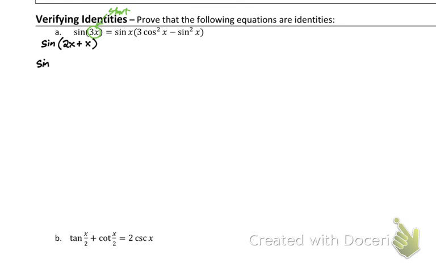The first angle is actually 2x, so we have to use the entire thing. This entire thing is the angle. So we're going to have sine of 2x times the cosine of our second angle, which is x, plus cosine of our first angle, which is 2x, and then sine of x.